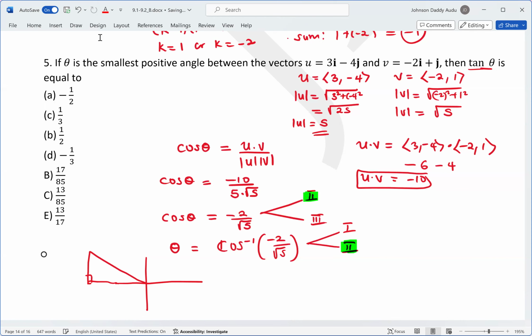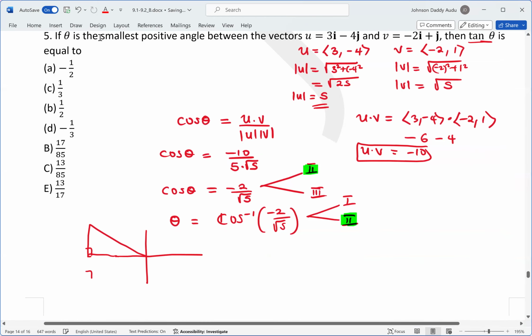Right, now we know that cosine is negative. What is cosine? It's adjacent over hypotenuse, so this is going to be minus 2 over root of 5. Then we can get the value of the opposite side, which will be the square root of 5 minus 4, because the square of the hypotenuse is 5.